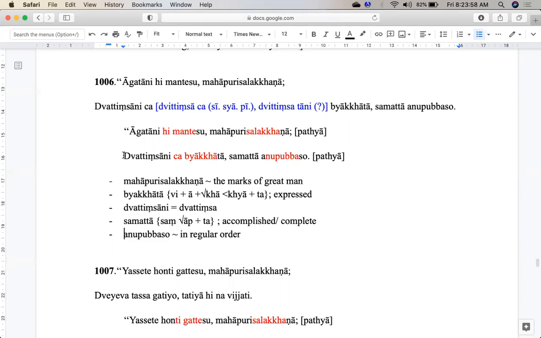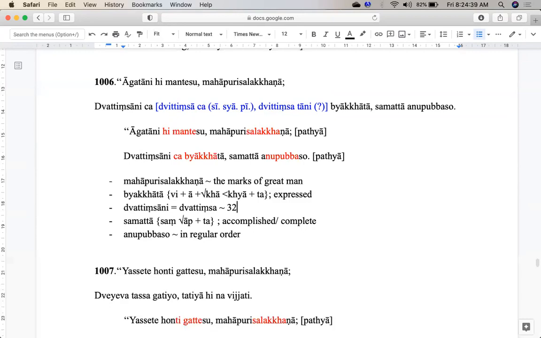And also here dvattiṃsa. In your book you may also see a different reading, and also another suggested word here, dvattiṃsadāni. Because dvattiṃsa is number 32, and most numbers are indeclinable, they never change.